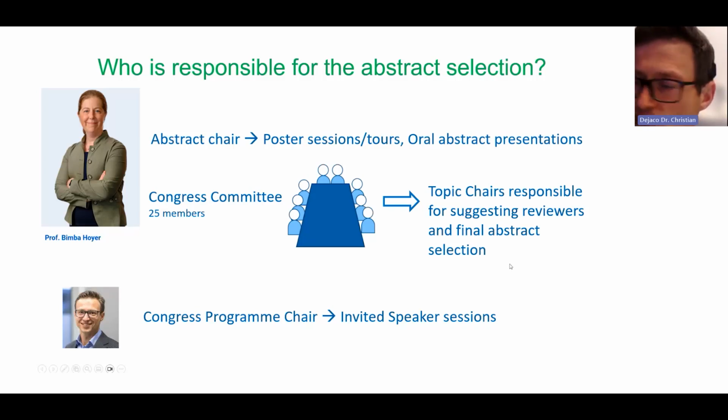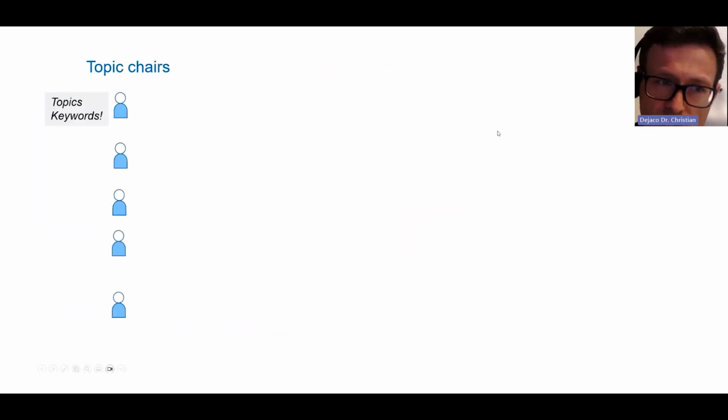As you can imagine, there are expected to be more than 5,000 submissions. This cannot be done by one person alone. There's always a team needed. In terms of the hierarchy, on the top is Bimba, then there's the Congress Committee, which serves as the topic chairs, and then below are the reviewers.